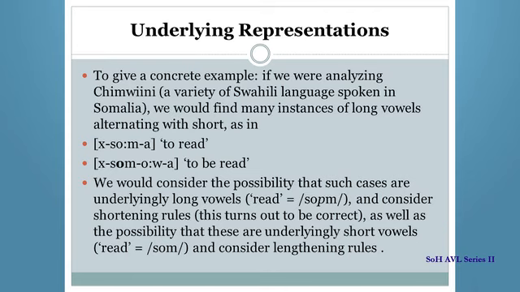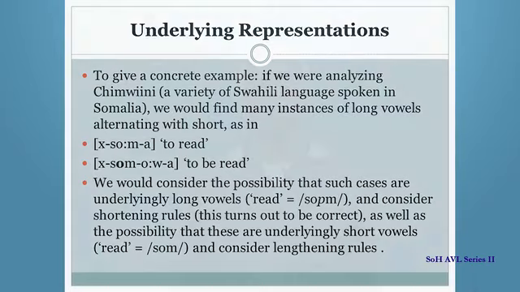We'd consider the possibility that such cases are underlyingly long vowels, read shom, and consider shortening rules, this turns out to be correct, as well as the possibility that these are underlyingly short vowels, read som, and consider lengthening rules.